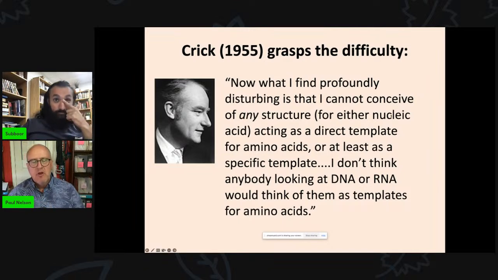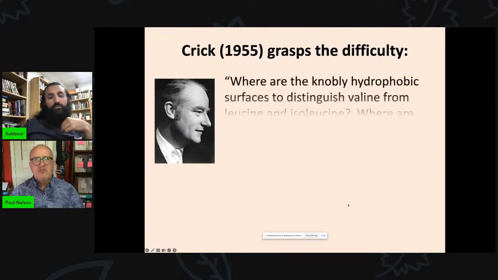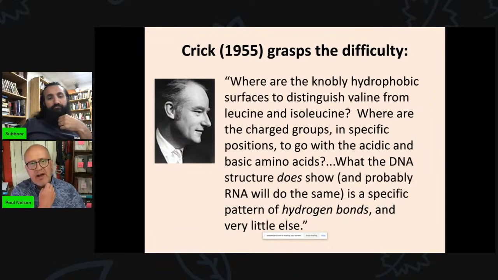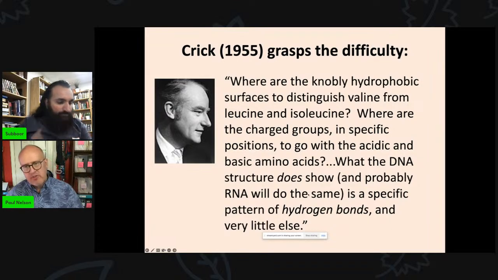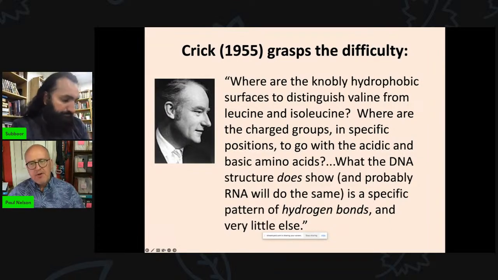As he says here, no one looking at DNA or RNA would think of them as templates for amino acids. Where are the knobbly hydrophobic surfaces to distinguish valine from leucine and isoleucine and so forth? What the DNA structure does show, he says, is a specific pattern of hydrogen bonds and very little else.